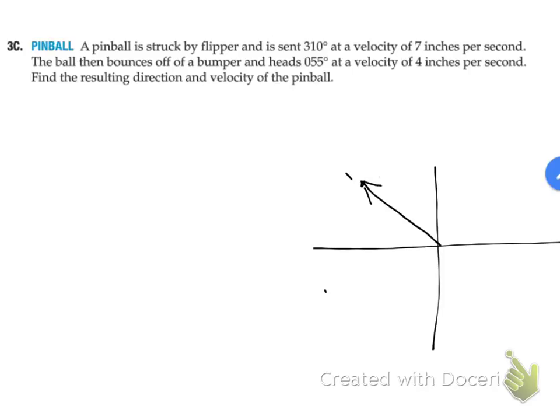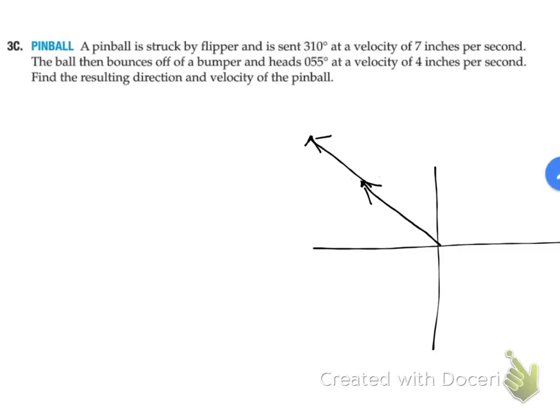I know that's not perfect, but that is 4 centimeters, or, oh, it's supposed to be 7. Darn it. We got to go 7 instead. So we have to go 7. So I go all the way up to there. Okay, so that's 7 inches.